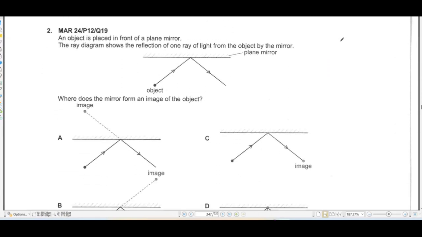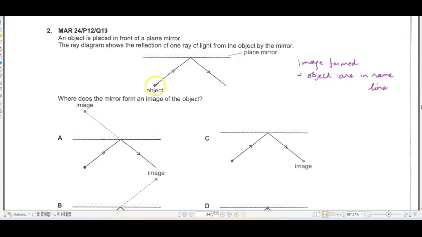Moving on to question number 2. An object is placed in front of a plane mirror. The ray diagram shows reflection of one ray of light from the object by the mirror. Where does the mirror form an image of the object? Now I just told you that the image formed and the object are in same line.